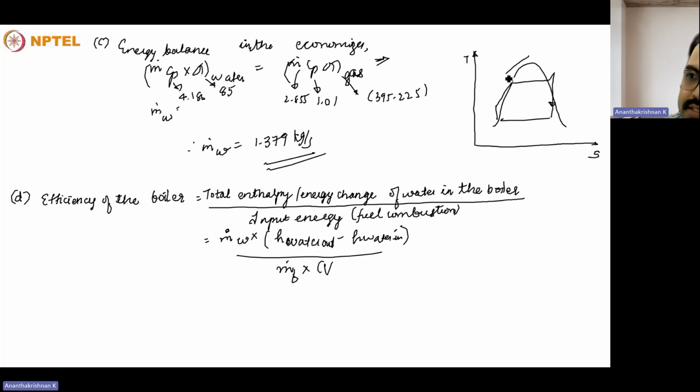So the flue gases change temperature from 395 to 225, and that will be taken up by the water to preheat it. So a portion of that will be the economizer. The flue gas then transfers heat to the air, which can be shown in a TS diagram.